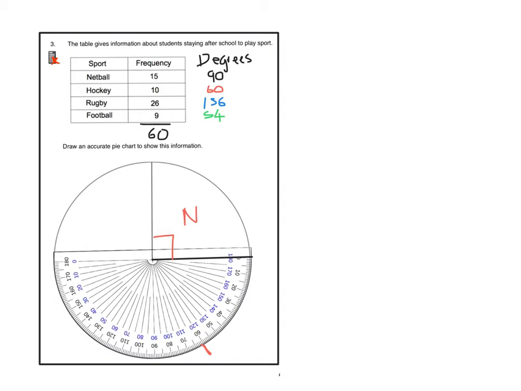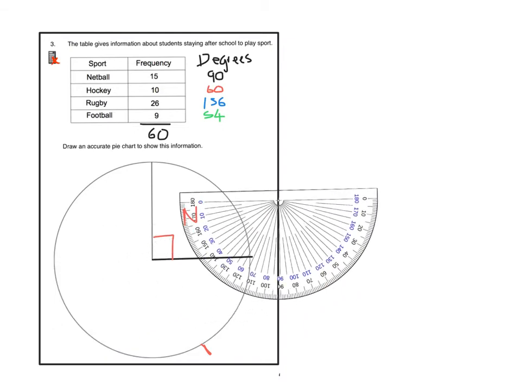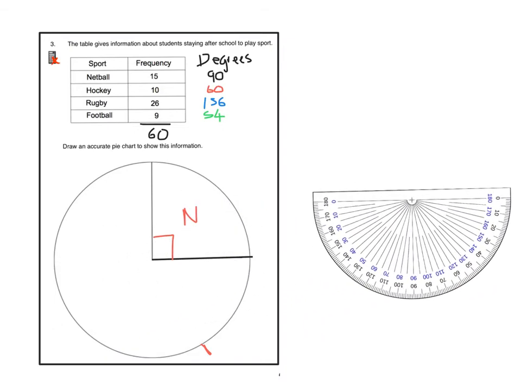Okay, so I just need to join up my dash to the centre, about there, and label it. So this was hockey, and label it with 60 degrees.